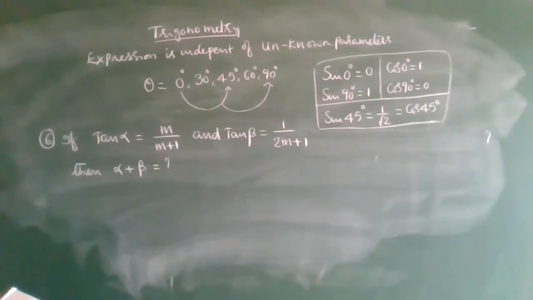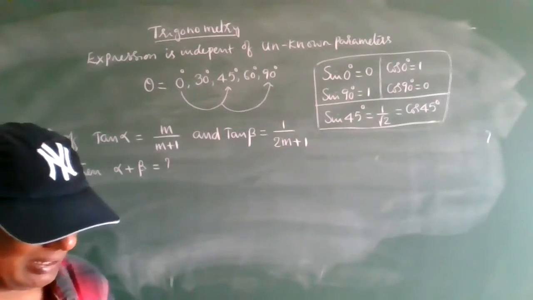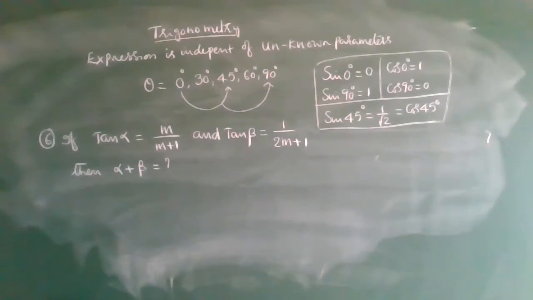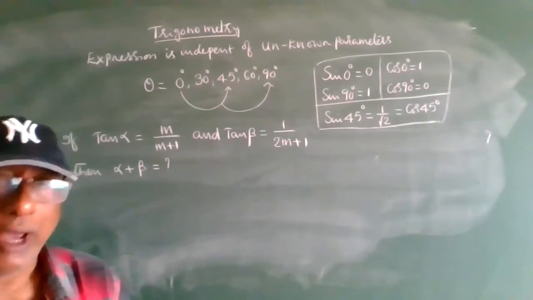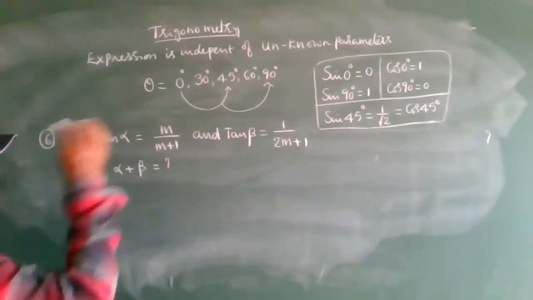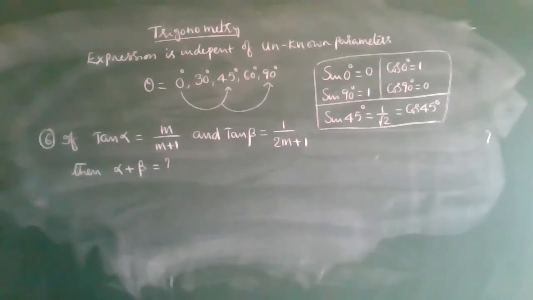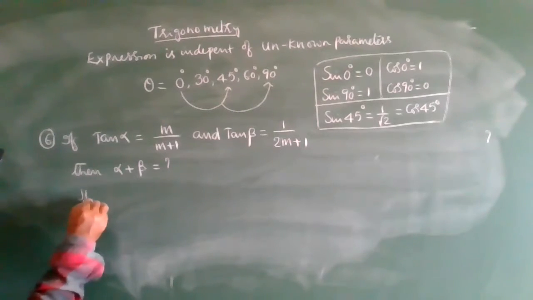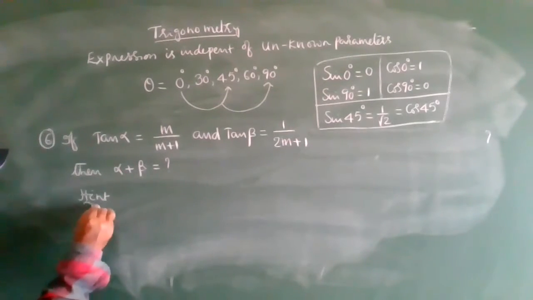Okay? So here is what we can do. Here one unknown value is given. Unknown value is given means immediately unknown value take it as 0.